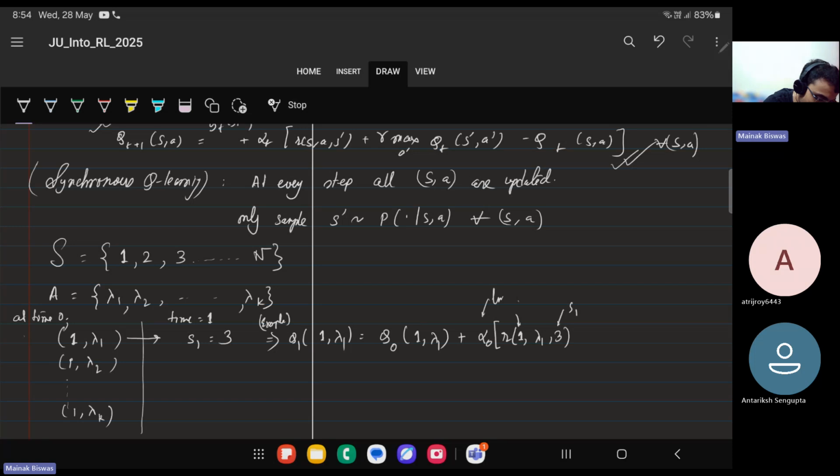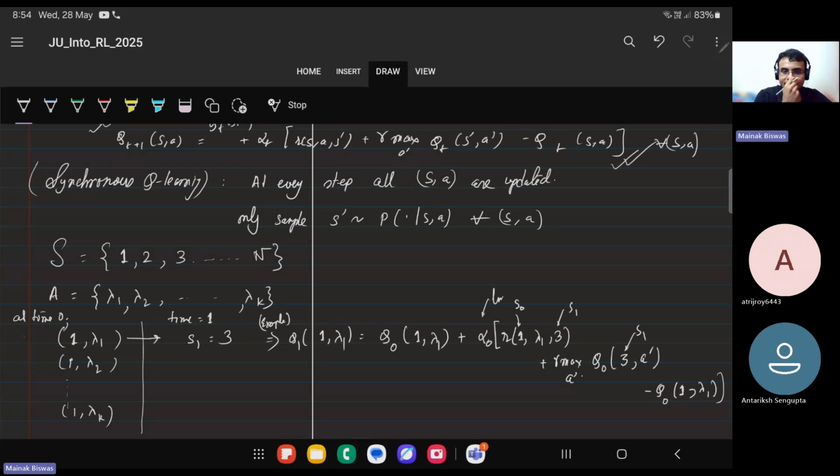Very good. Plus gamma times the max over all actions a dash of Q0 of 3 comma a dash, minus Q0 of 1 comma lambda 1. Good.